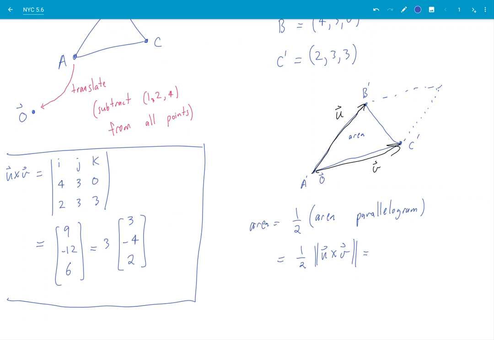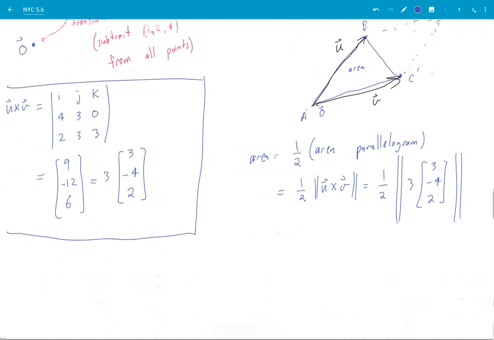And we get 1/2 the length of 3 times 3 minus 4, 2. Make these lengths longer. So that's a half. Whoa. 1/2, no, 3. I'm going to take the 3 out.